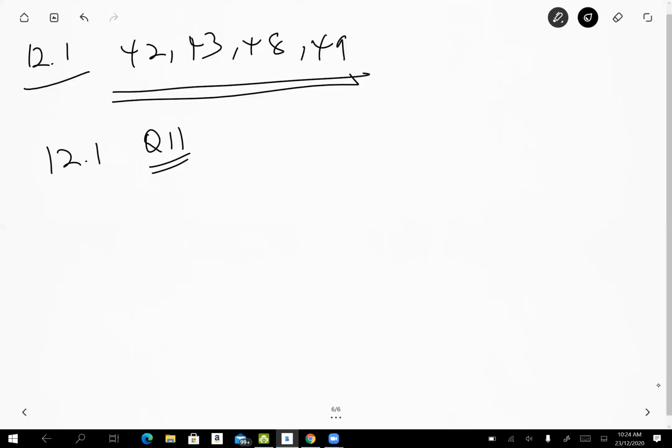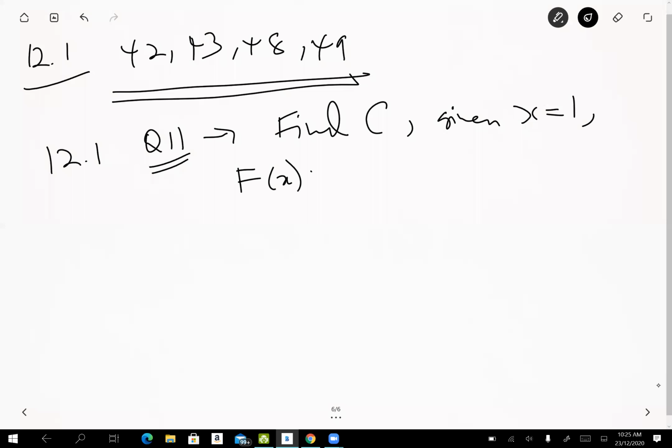I would like you to get the integral for question number 11, and then I want you to find the C, given x equal to 1, the integral is equal to, say, 25.